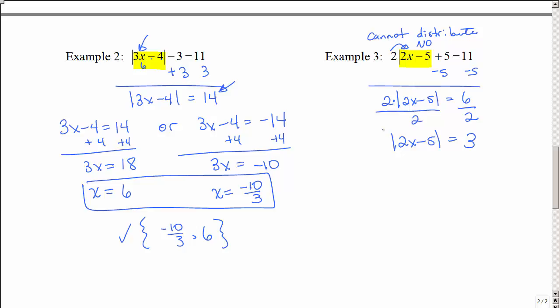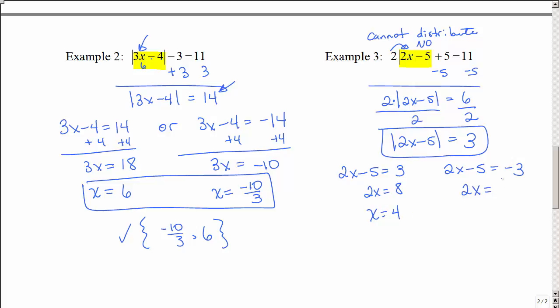Now we have it in the format of absolute value equals a positive number again. So I need to write two equations, one equal to the positive number and one equal to the negative number. I'm going to add 5 and divide by 2.